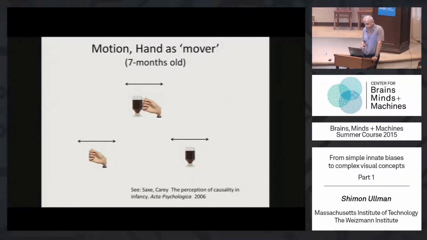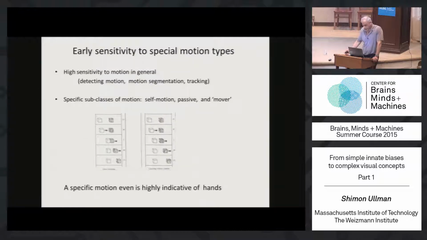This is at 7 months, but it has been known that this kind of motion, that an object can cause another object to move, is something that babies are sensitive to, not only at this age of 7 months, but it's something that appears in infants as early as you can imagine and test.